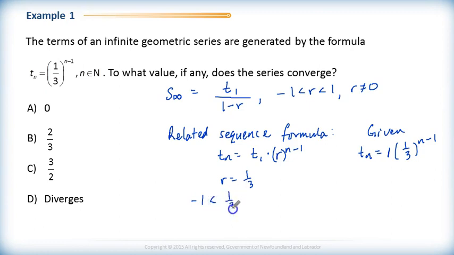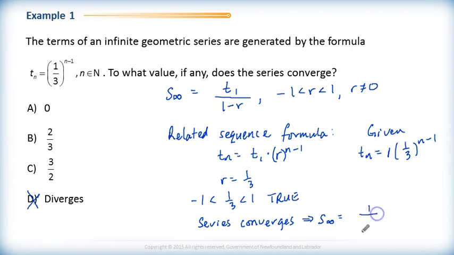1/3 is between -1 and 1. That's true. So our series converges because it passes that test, so that rules out D. Therefore, for this problem, S sub infinity is equal to term 1, which is 1, over 1 minus 1/3.